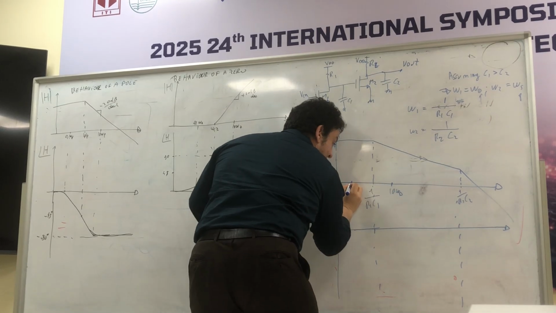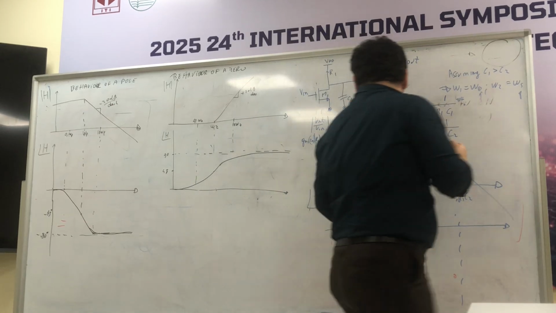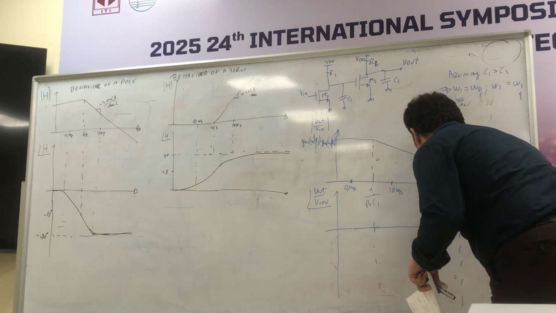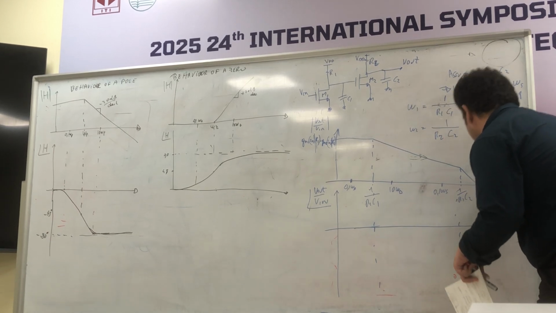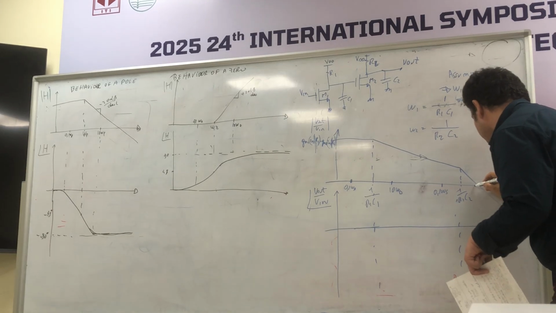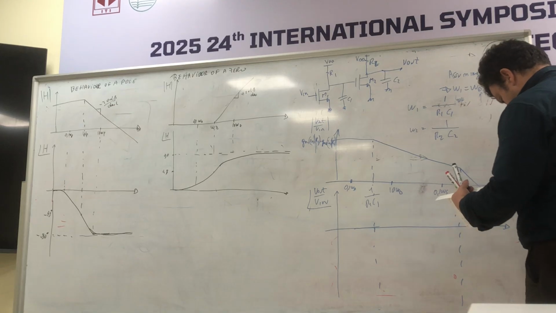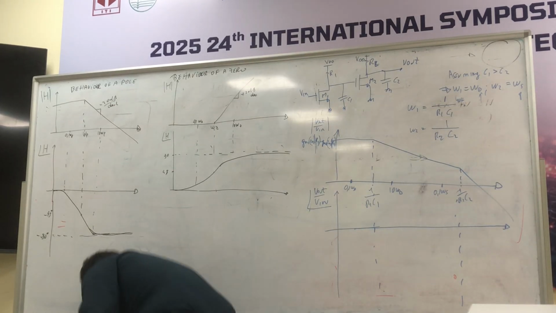This is one decade earlier, so 0.1 omega d. This is a decade earlier, so 0.1 omega s. This is omega s, and a decade later will be where we just change the slope.